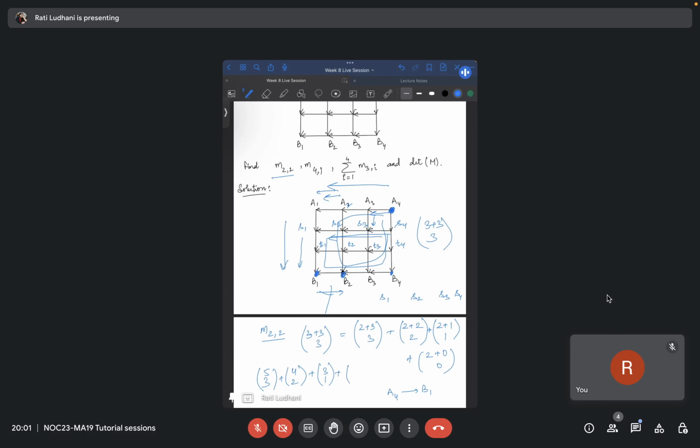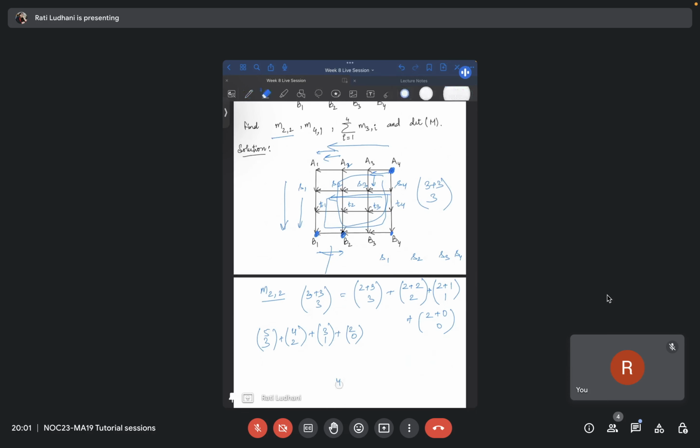What was the formula, if I remember correctly? Something like n plus 1 choose r plus 1 is equal to n choose r plus 1 plus n choose r. Is that the formula, right?